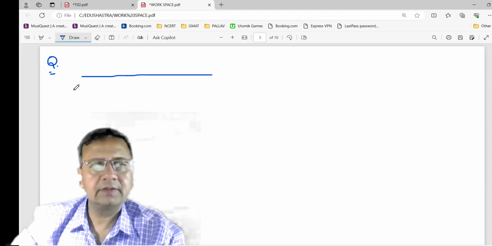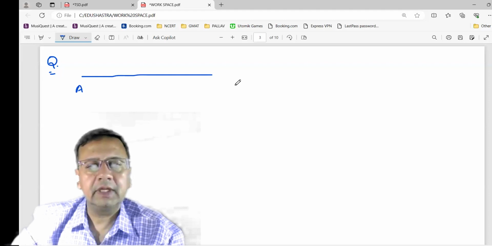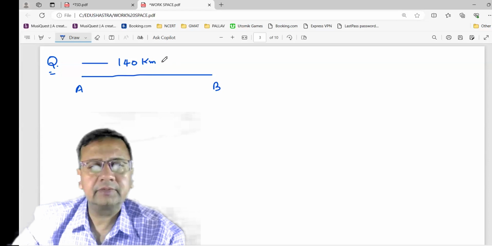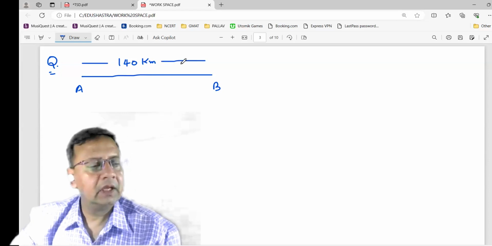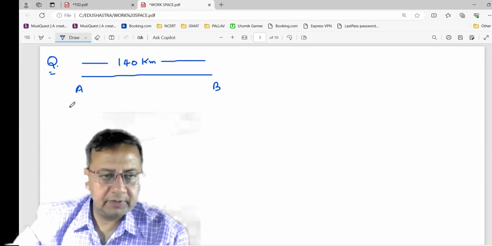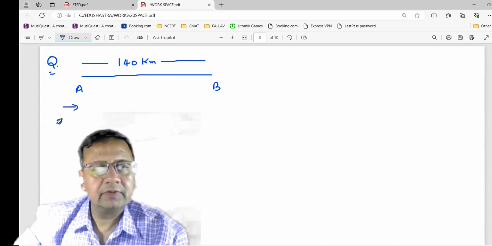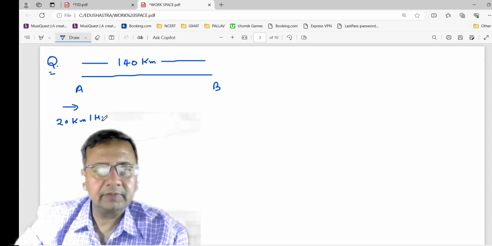This is some distance, A and B. And how much is this distance? 140 kilometer. Now there is person A going to B with a speed of 20 kilometer per hour.